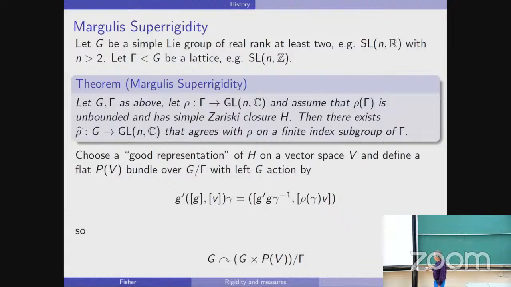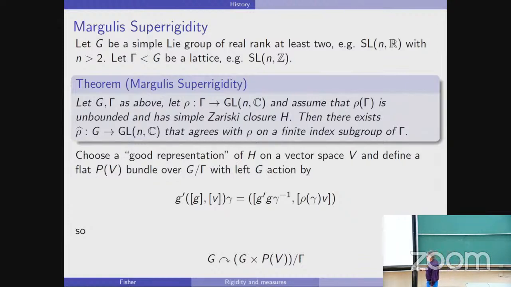I can act on these, one on the left by G and on the right by Gamma, so I have to put an inverse, and then I act on the fiber by rho of Gamma on V. This is a standard construction that goes back to Mackey of an induced action. And so I have this action of the group G on this flat bundle.